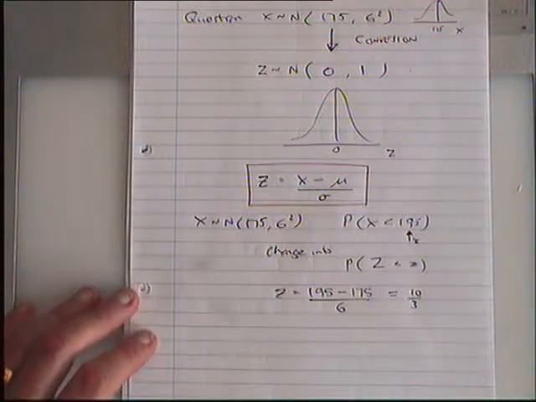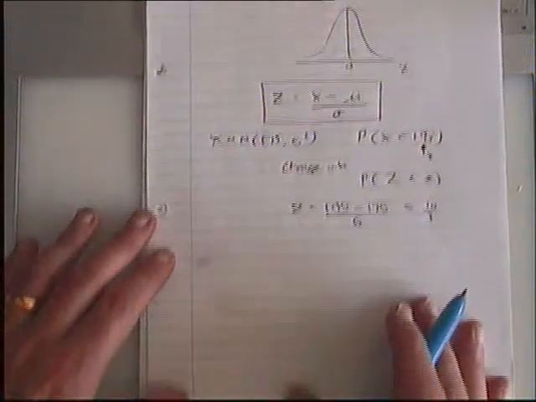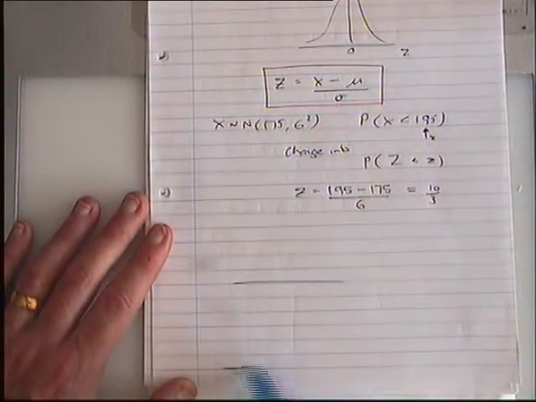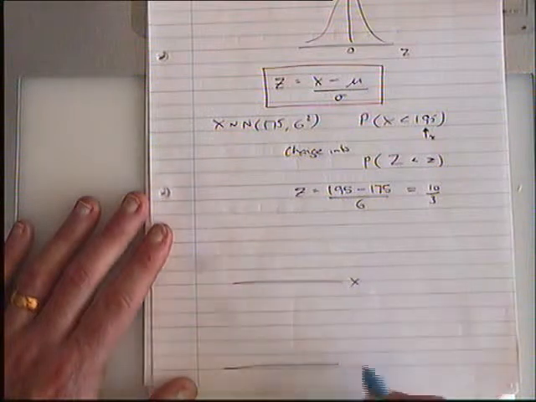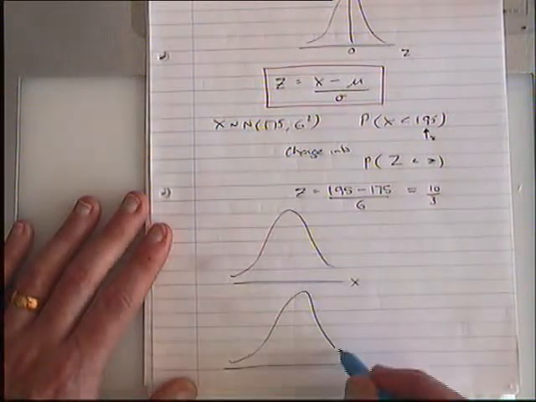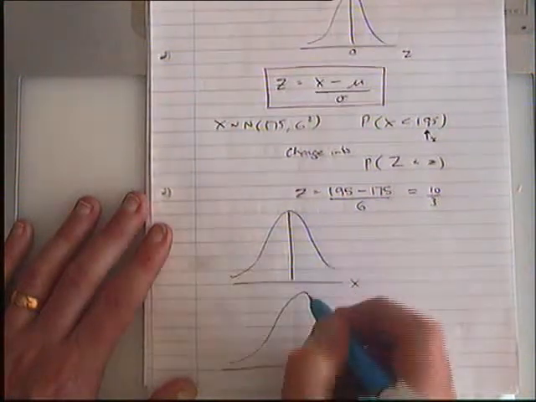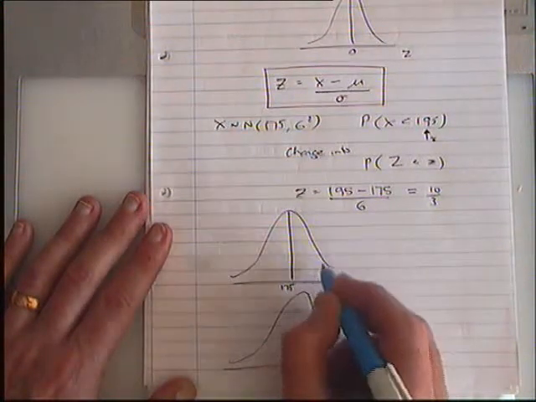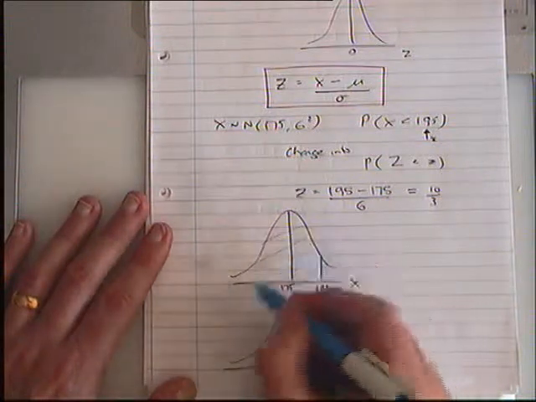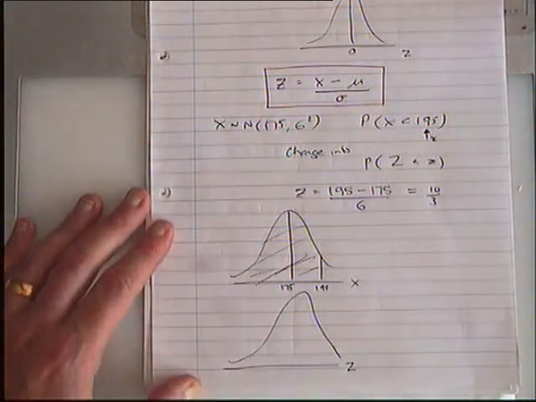So that means, and I'm going to draw two diagrams now just to really emphasise this point, one under another. One is an X diagram, one is a Z diagram. Originally, I was dealing with a mean of 175, and I wanted to know about 195, and I wanted to know that area there.